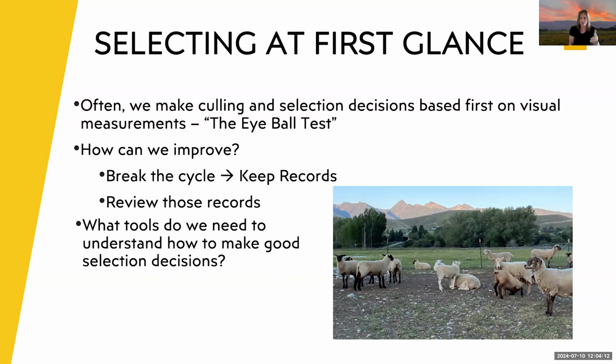But the problem with doing that is a lot of the genetic potential in these animals is not something that you can visually see. So how do we improve that? How do we make better decisions when it comes to selecting animals, culling animals, that type of thing? The biggest thing here is actually keeping physical records on each of your animals. We can talk about what those look like and what types of records you should be keeping, but really it's making sure that you're keeping records on things that are going to be important for your production system.